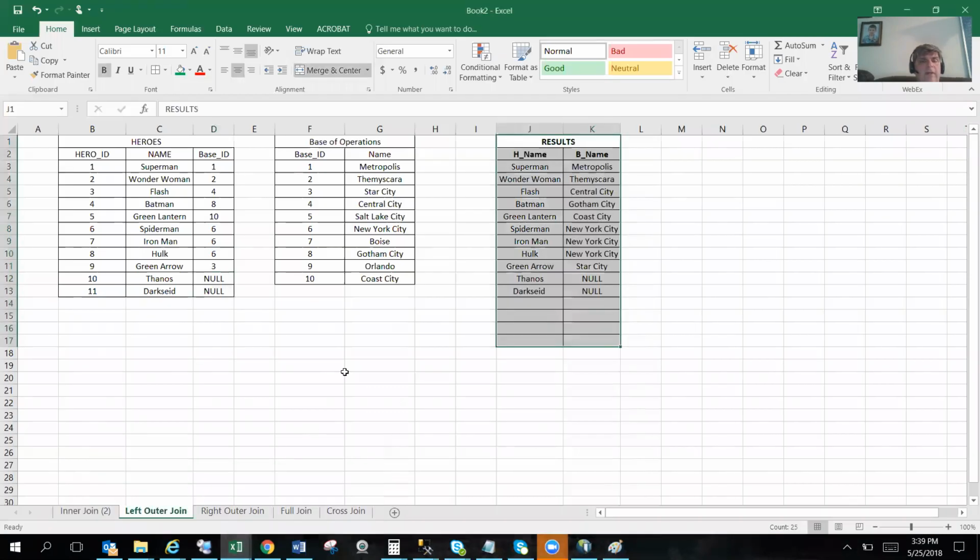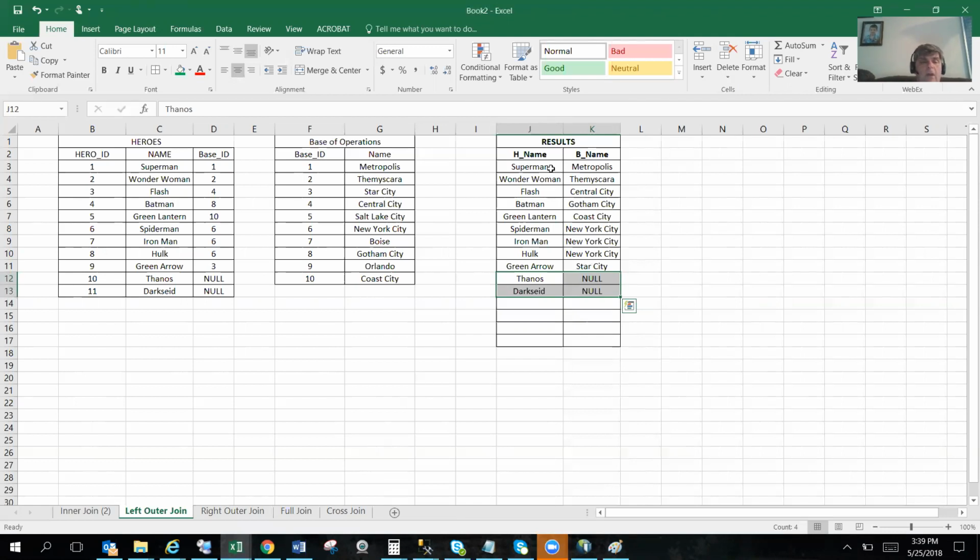So our left outer join here with the same table, we've got Superman, Wonder Woman, all these things here, and we've got our base of operations. But our results would be Superman, Metropolis, everything would look the same until you got to Thanos and Darkseid. Because they exist on the left side, they will be listed. They don't have any corresponding stuff on the right side, so it will be null in that place.